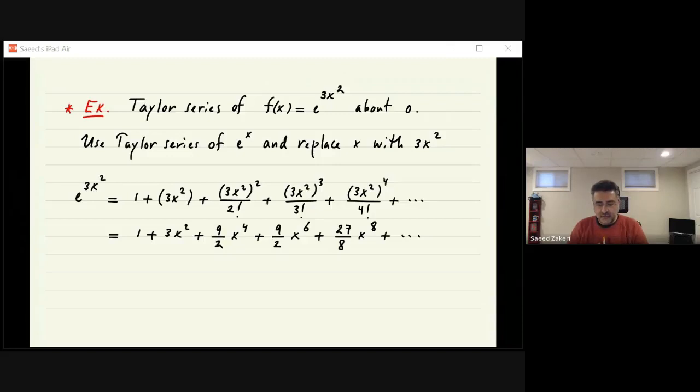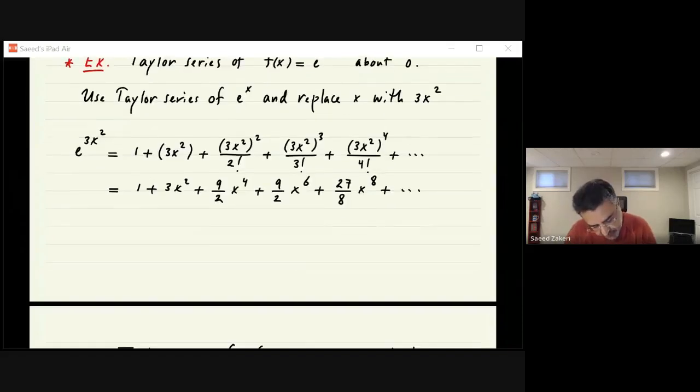So a lot of times in order to estimate something, it's better if you just see directly the first few terms. But if you wanted to write the Taylor series in closed form using the sigma notation, you could also do that.